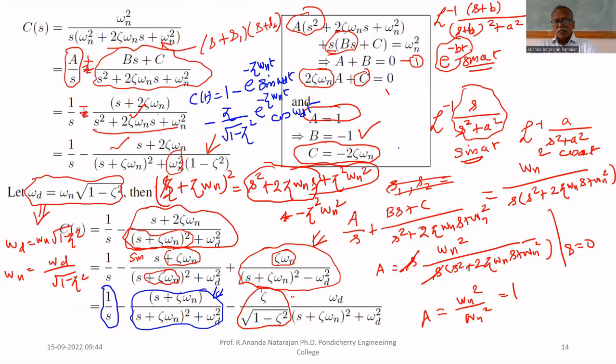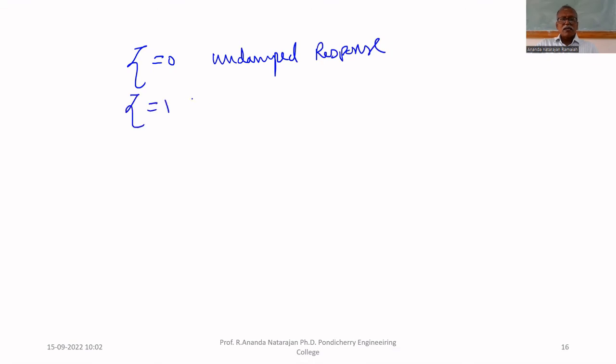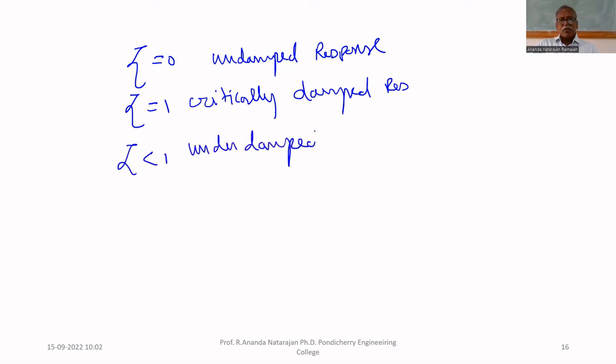Now, when zeta equals 0, it is the undamped response. Zeta equal to 1 is the critically damped response. If zeta is less than 1, it is the under damped response, which means it oscillates and settles. Zeta greater than 1 is the over damped response.